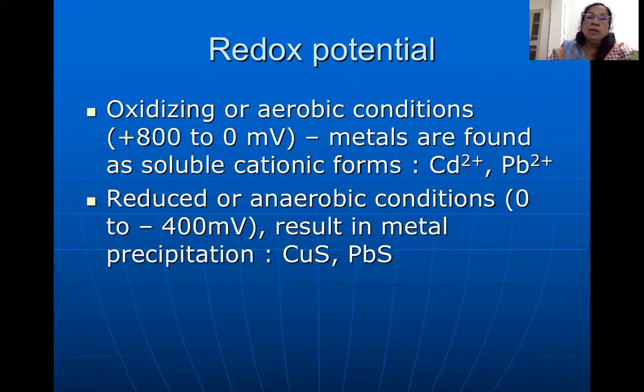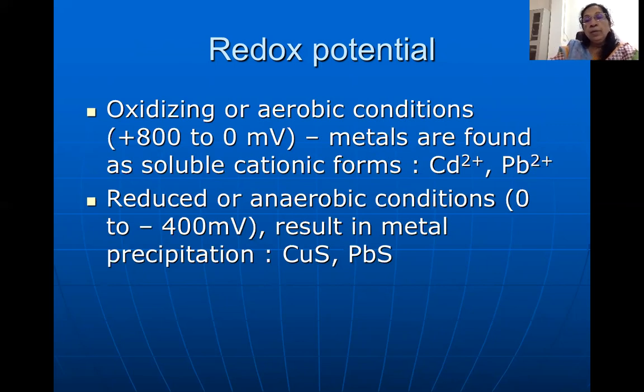So in oxidizing or aerobic conditions, from plus 800 to 0 millivolt, the metals are found as soluble cationic forms, for example Cd2+ and Pb2+. And reduced or anaerobic conditions, or highly reduced redox potential, result in precipitation of the metals, for example copper sulfide and lead sulfide.